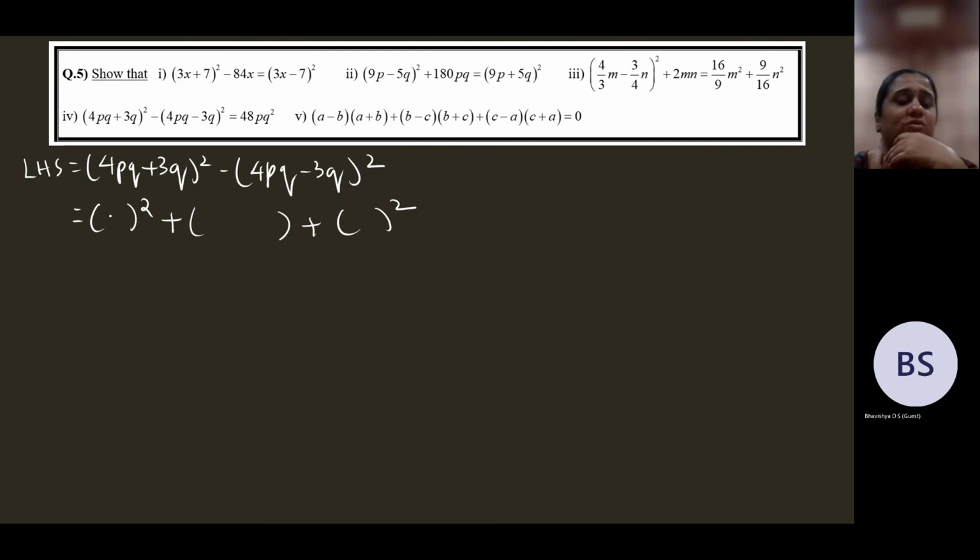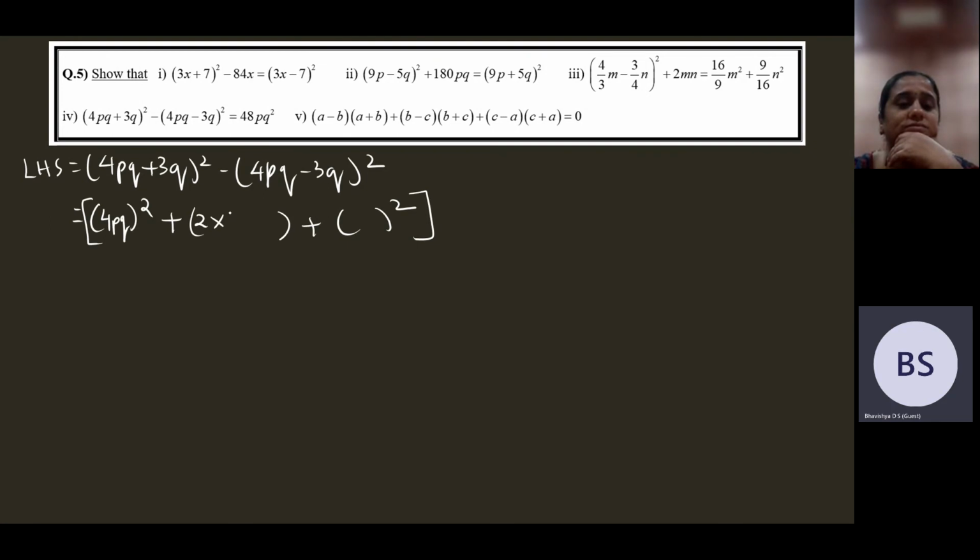Yeah. So what is A square? What should I write here? 4pq, ma'am. And here 2 into 4pq into 3q, ma'am. And then last bracket, 3q, ma'am. Correct. Minus.